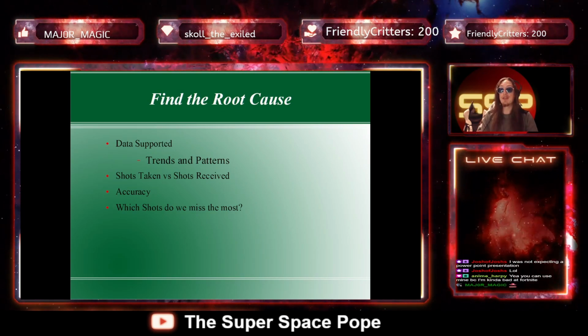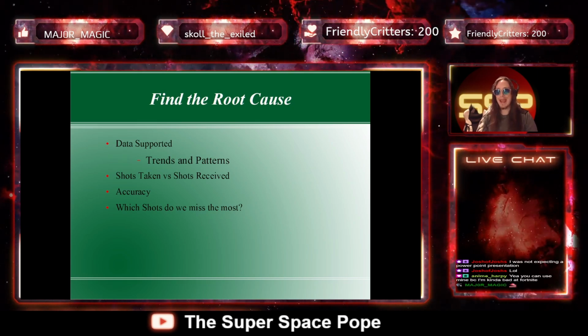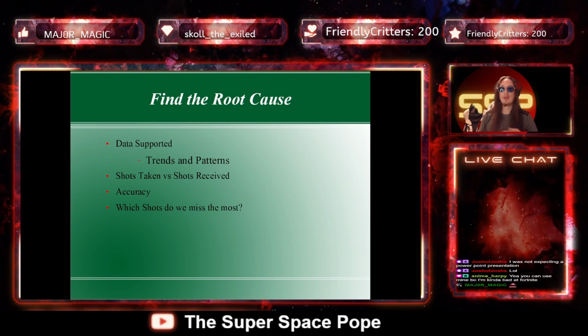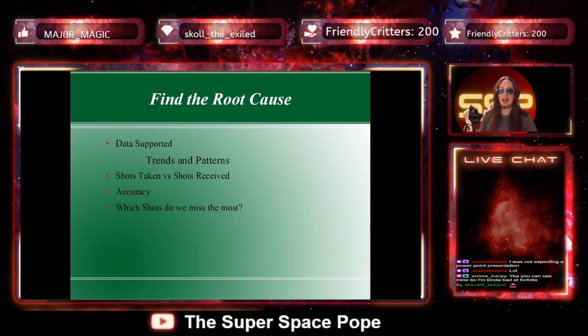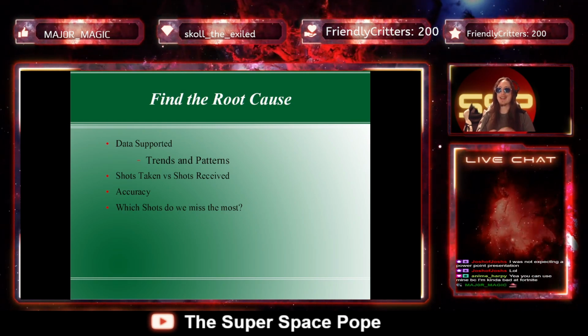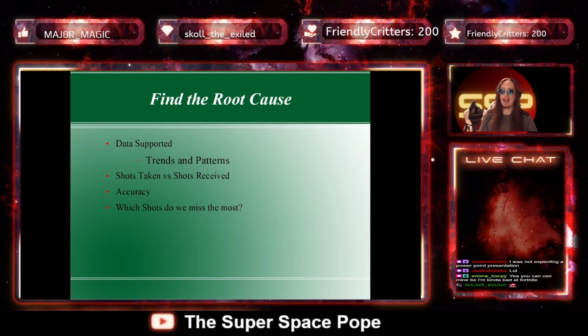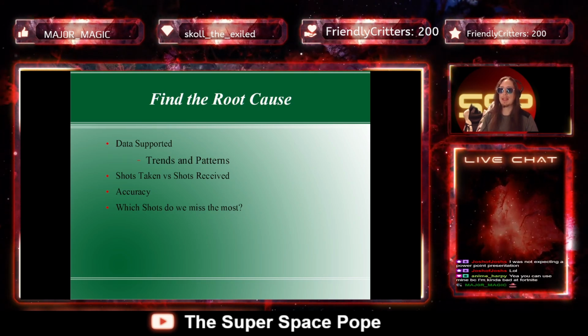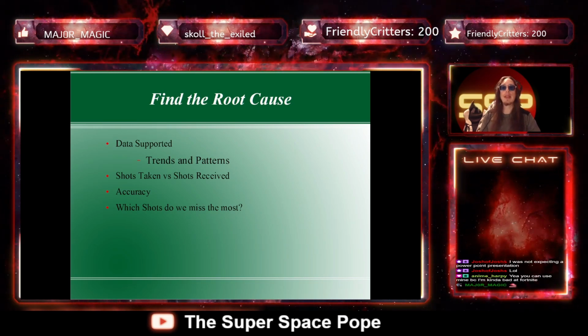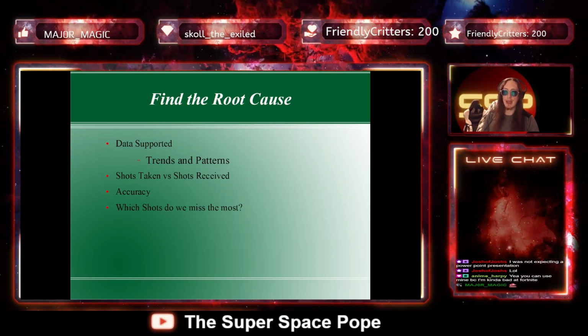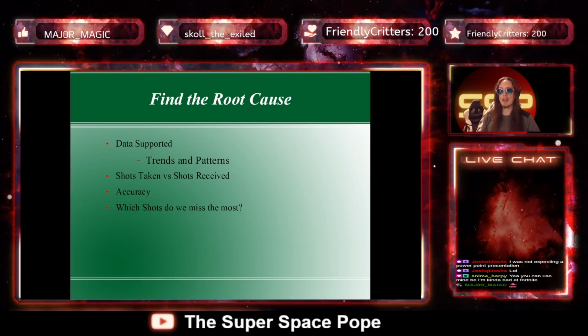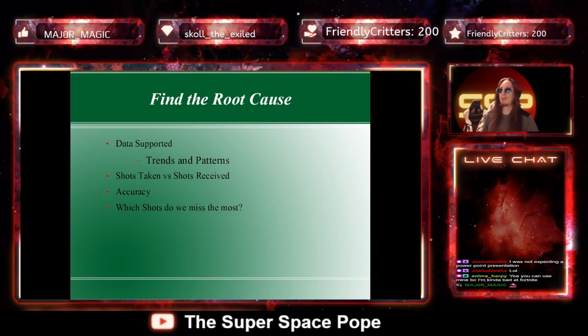So there's a lot of different tools and ways that you can go about doing root cause analysis or understanding how to take your data apart. And while it's going to be a little outside the scope of right now, what we will say is that whatever thread we pull on is going to be data supported. And it's something that should be observable within trends and patterns, right?